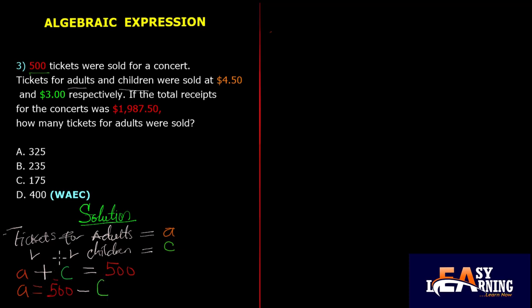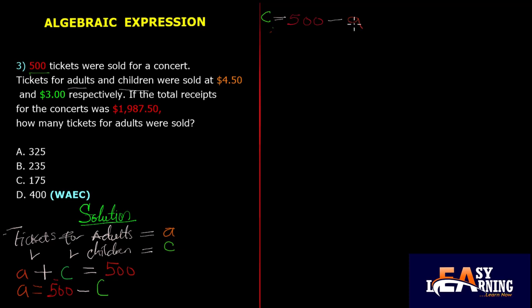And the number of tickets for children, C, will be equal to total tickets, 500, minus tickets for adults, which is letter A.